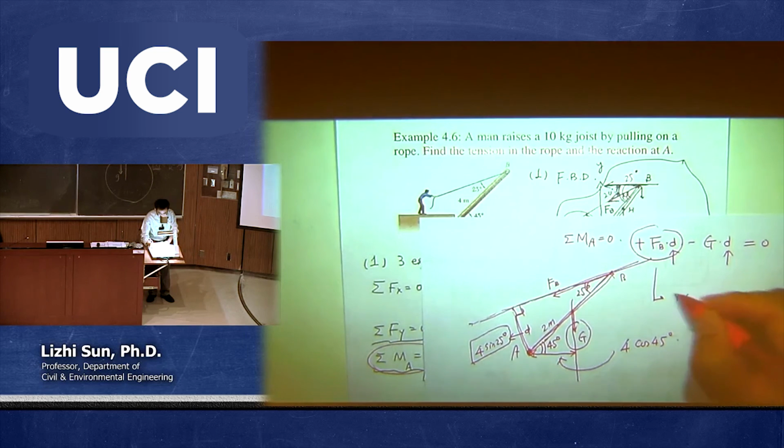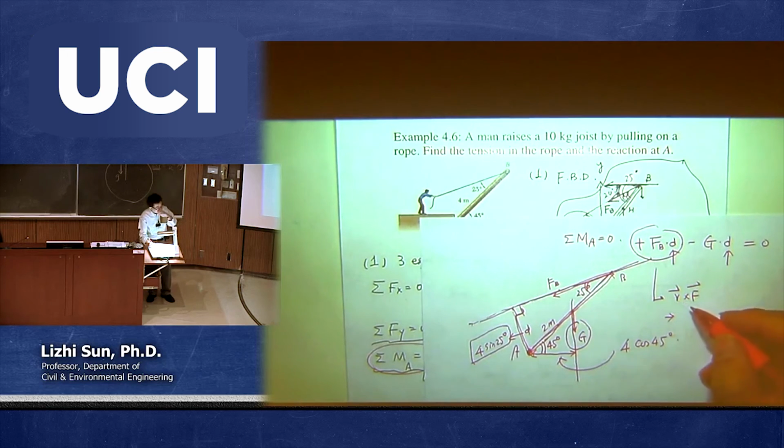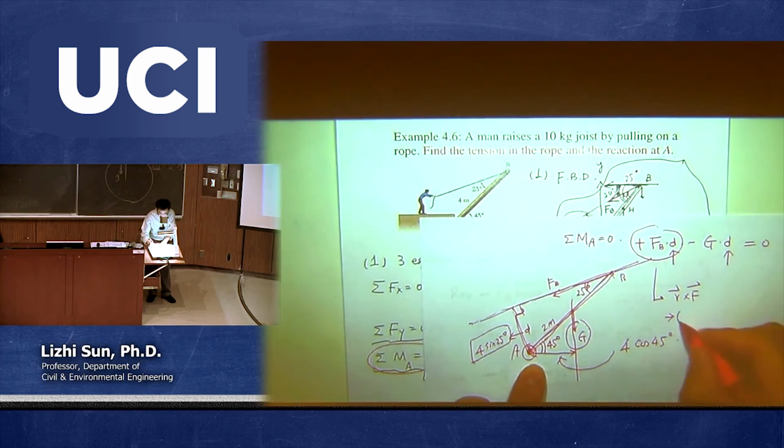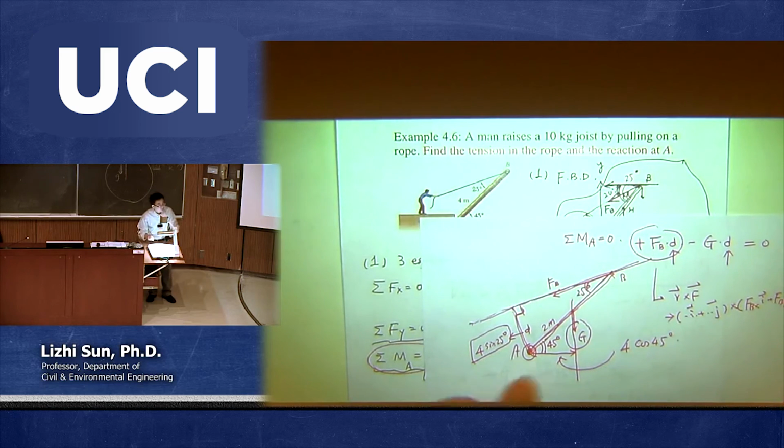You just use R cross F. This R should be the distance vector from point A to point B. You need to build that R in i and j, so something i plus something j, and then cross this F. But this F should be the FB x component in i plus FB y component in j. You should end up with the same result if you do it correctly. Any other questions?